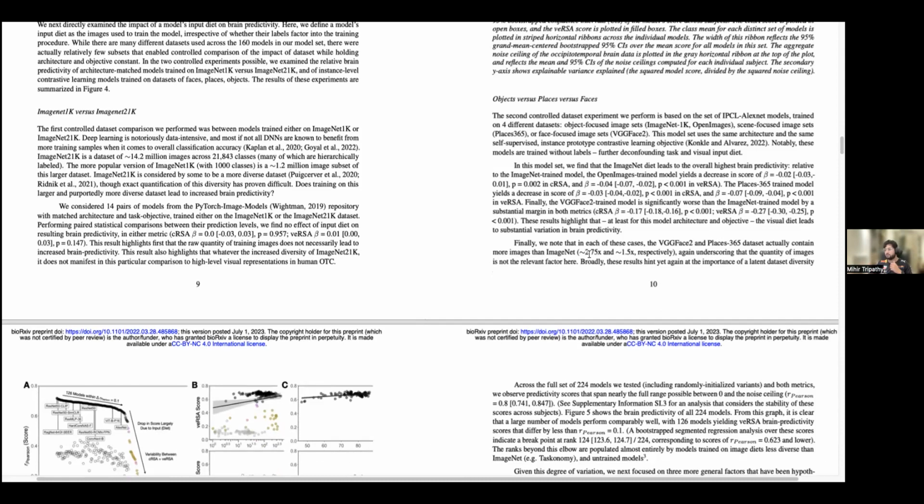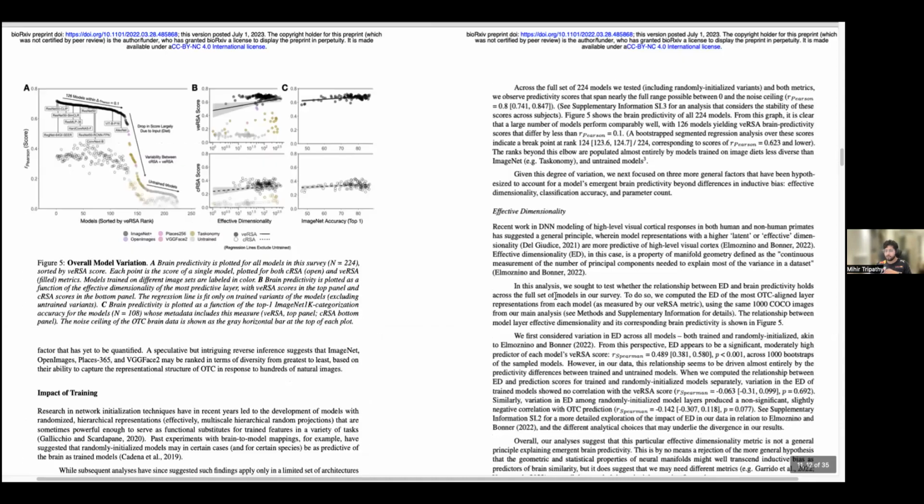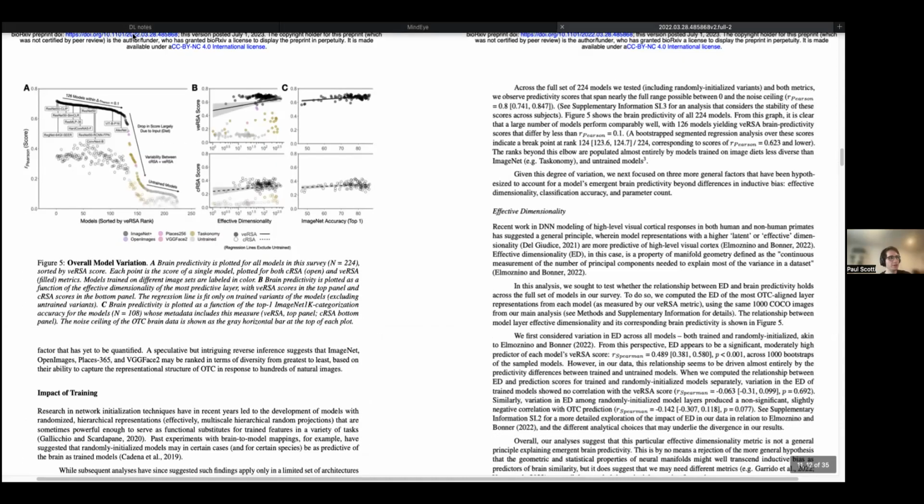So as you can see, it is like 2.75 times, 1.5 times the ImageNet, but it still has a lower score than ImageNet. Importantly though, this is all on occipitotemporal cortex, which is a big swath of the brain.